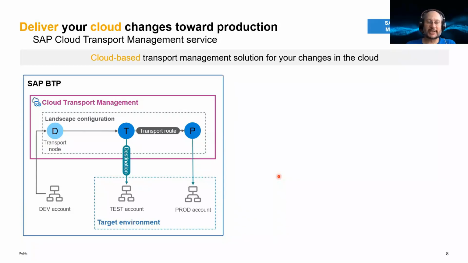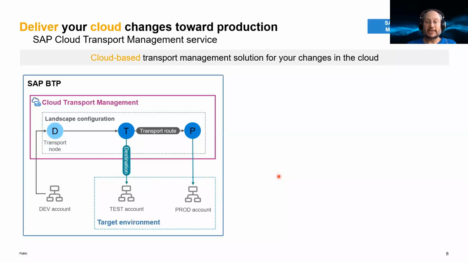As Moritz already said, Cloud Transport Management Service is the counterpart to the change transport system on the ABAP stack. So if we talk about transporting content in the SAP BTP environment, then Cloud Transport Management would be the tool of choice.